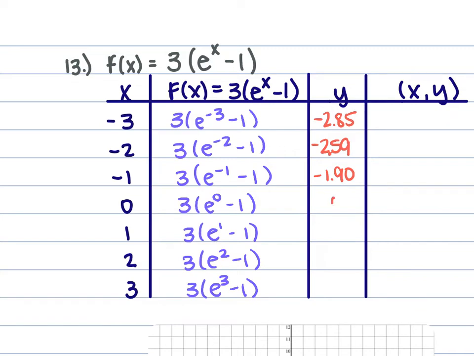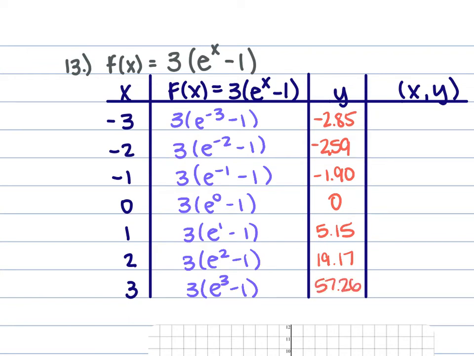The 3 times 0 would be 0. Then 3 times e to the first minus 1 is 5.15. 3 times e to the second minus 1 is 19.17. And lastly, 3 times e to the third minus 1 is 57.26.